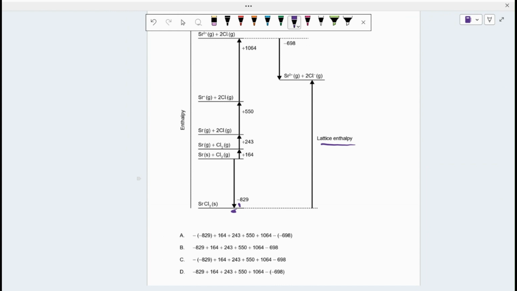So it's not going to be minus, it's not going to be B or D, we have A and C, right? So we're changing that. Then we're adding 164, we're adding 243, so on until 1064. We're still going with the arrow as we go down, which means we don't need a sign change. So we are left with C.